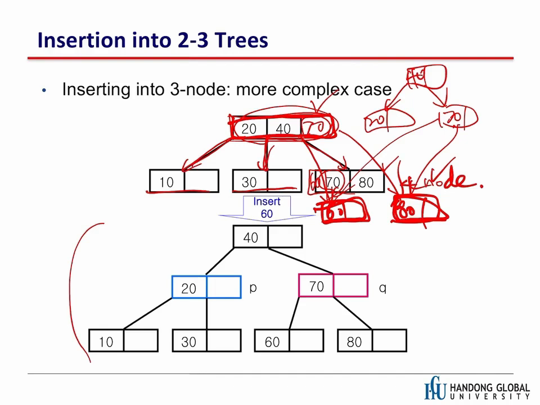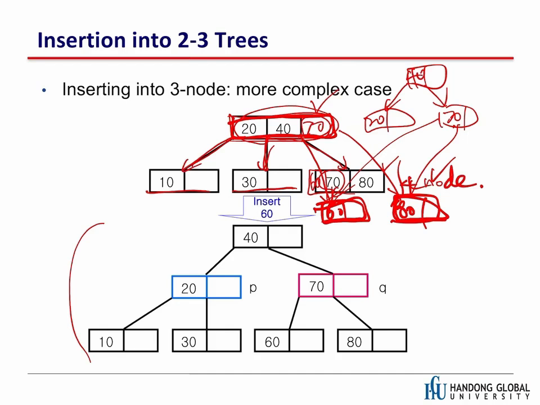So when we have a new key, we find the proper location first and then add it. And if that makes a 4 node there, then split it and move the middle one into the parent node. Then the leaf node level is fine, but in the parent node level, we might have a 4 node problem again.